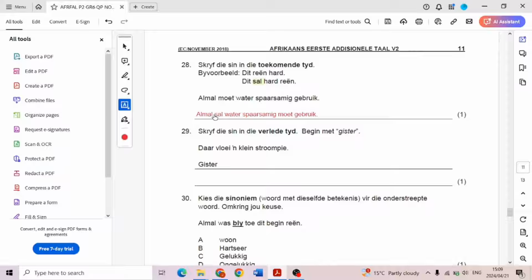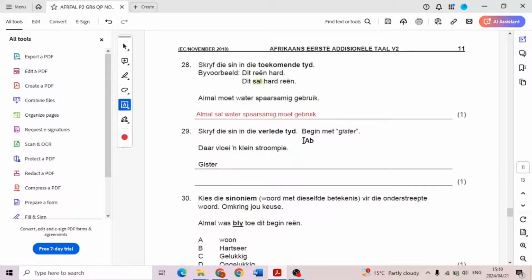But the actual verb one, when you move the sentences to the future, is sal. So then moet shifts all the way to verb two and becomes like a helping word, helping verb to verb two. So that's how I would do this. Other verbs like these include kan. Yeah, that's the only one I can think of right now.